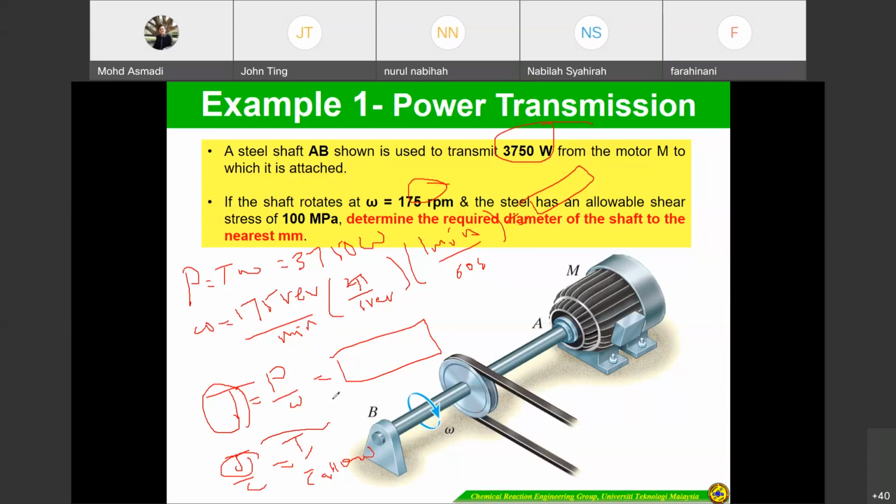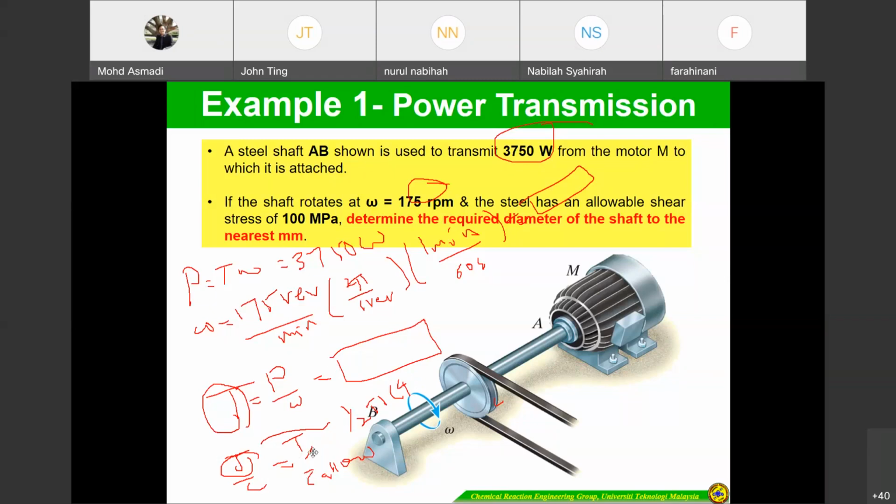If you still remember, J for the solid shaft is half pi c to the power of 4.